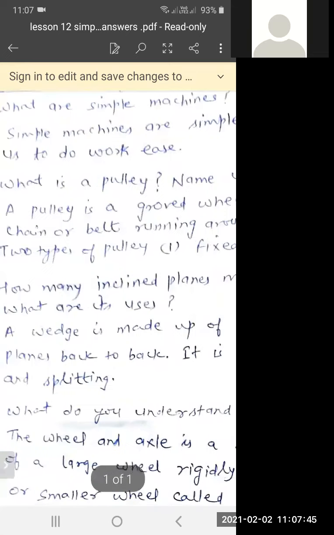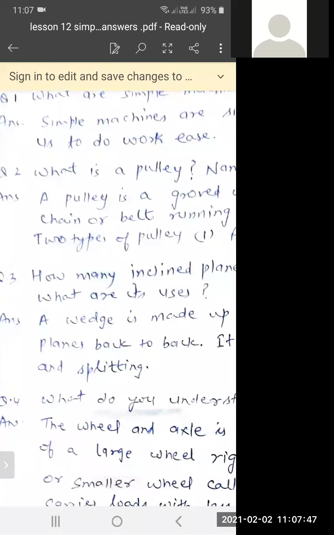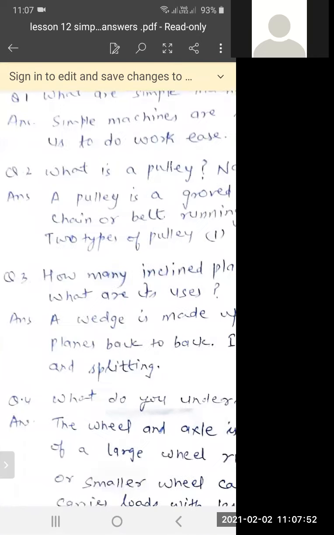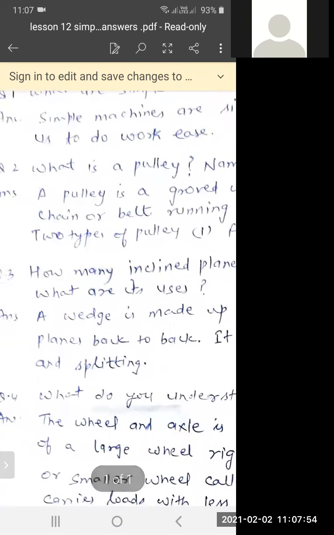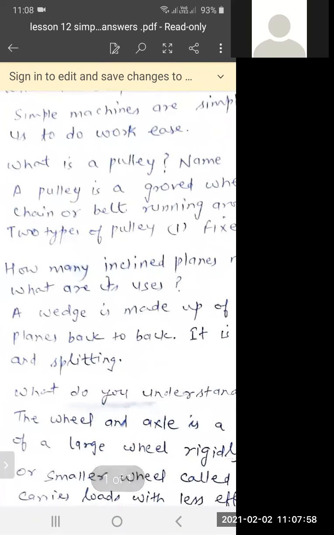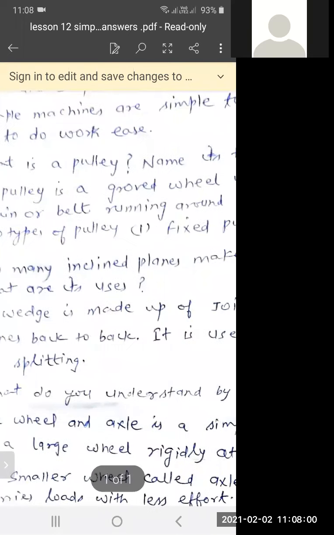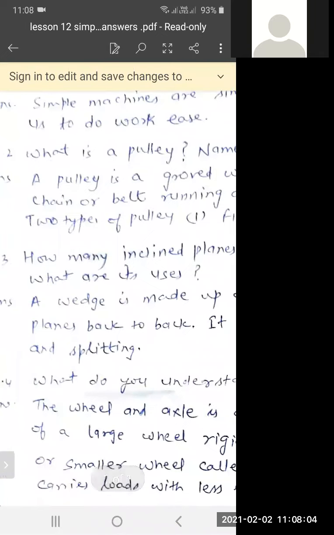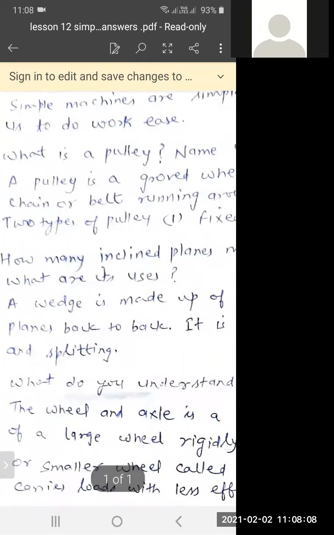Answer for this is, a pulley is a grooved wheel with a chain or belt running around it.